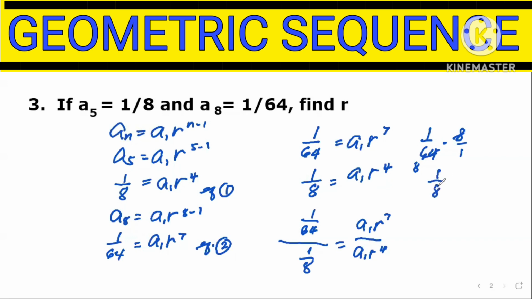That is equal to 1 over 8. For the right-hand side of the equation, cancel ang A1. We are left with R7 over R4, which is equal to R cubed. Which means that 1 over 8 is equal to R cubed. Now, to solve for R, we simply get the cube root of both sides. Therefore, R is equal to cube root of 1/8 or 1/2. And that's it.